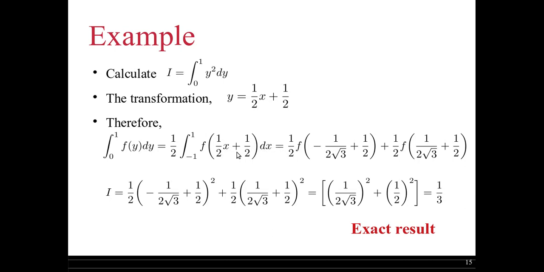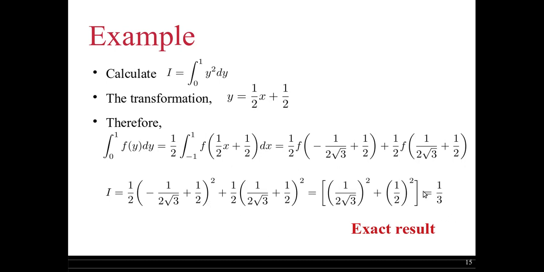Then I just put in the 2-point formula. So this is the 2-point formula, so I can write half multiplied by f of (-1/(2√3) plus half) plus half into f of (1/(2√3) plus half). As the function is y squared, I just have to square it, and then my result is 1/3.